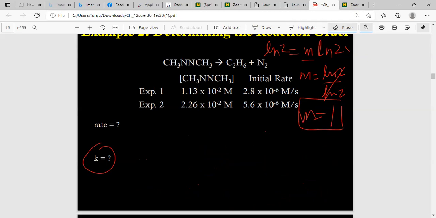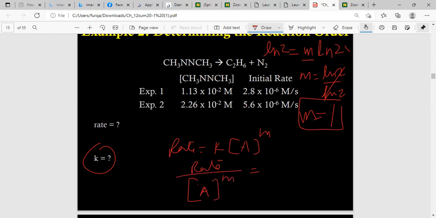There you have the initial rate and the concentration. So when I have rate equals k times [A] to the power m, I'm going to rearrange it: the rate over the concentration of A to the power m gives me k.